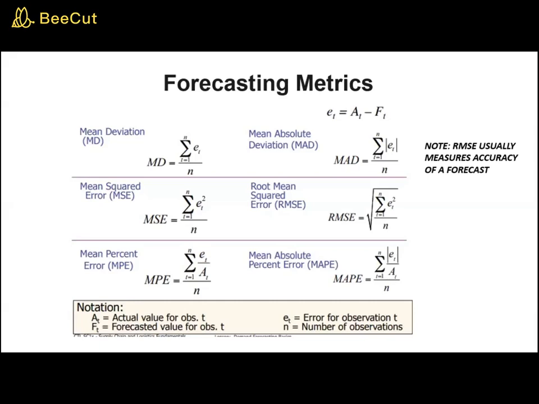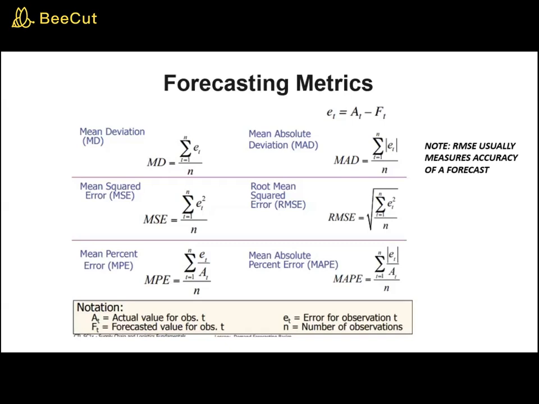On this slide, there are 6 different ways and formulas that have been given to measure errors in forecasting. And I'm going to go through each one of these and show you how to calculate the errors, and that will hopefully give you a much better idea.